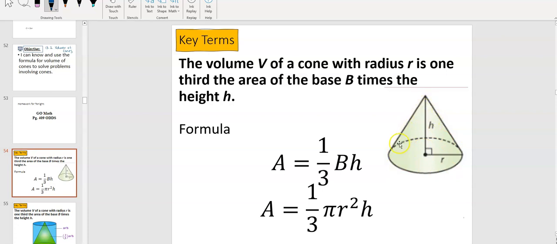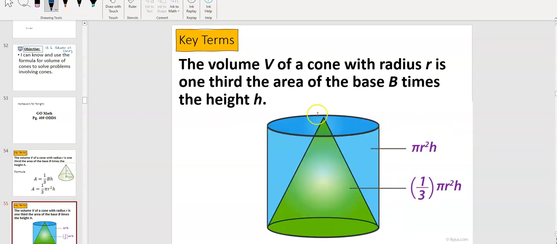And the reason why is because actually a cone is only 1/3 of the volume of a cylinder of the same height. I'm going to kind of show you what I mean on that next one, but for now, write down this formula that the volume for a cone is 1/3 of the base times the height, or 1/3 pi r squared, because that's the area of a circle, times the height.